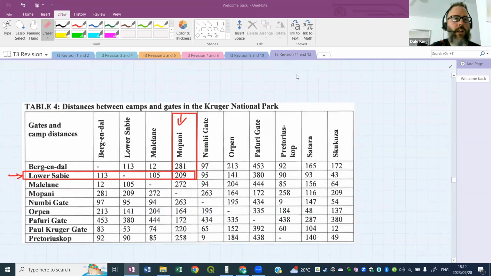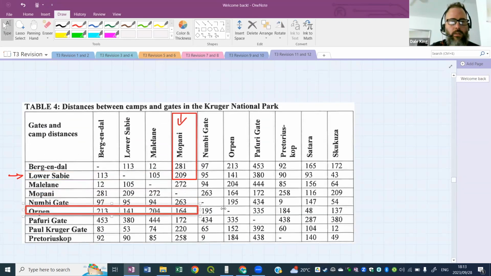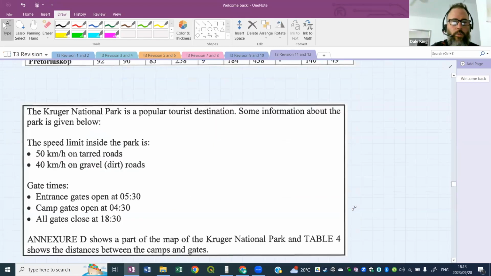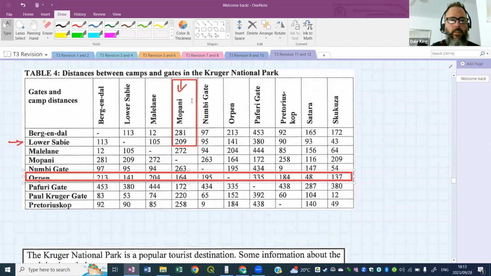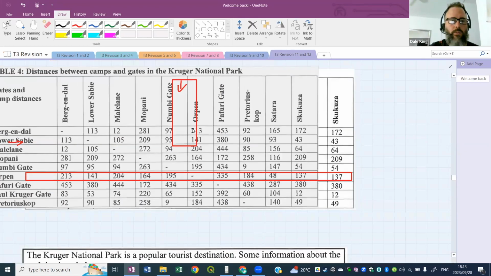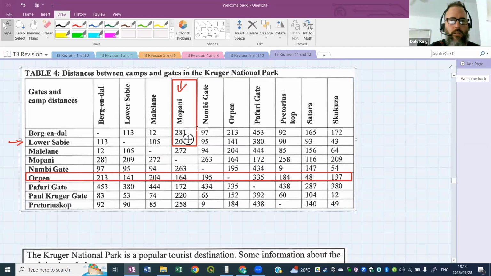So if I go down here and I do what they say, from Alpen to Lower Sabi, I need to move this. We might be able to do it without a scale, guys.